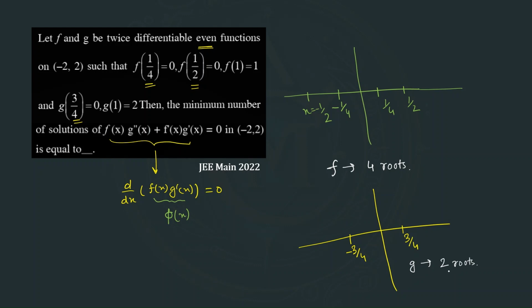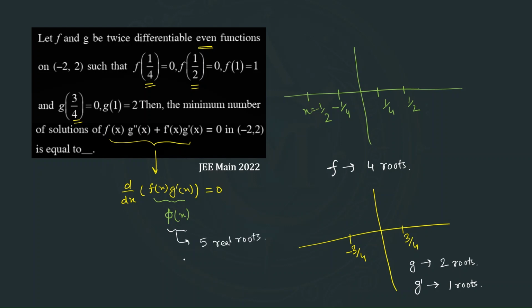So by Rolle's theorem, we can say that the function g dash, which is the derivative of g, has at least one real root. So we can definitely say that the product function phi x, which is equal to the product of f x and g dash x, has at least 5 real roots.